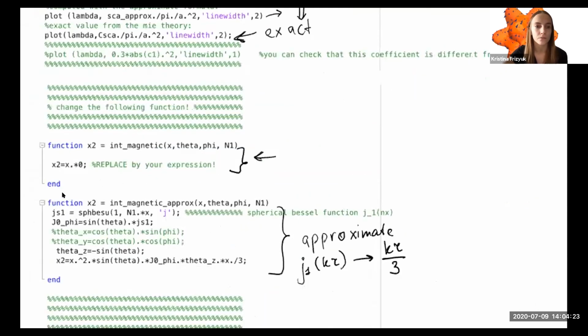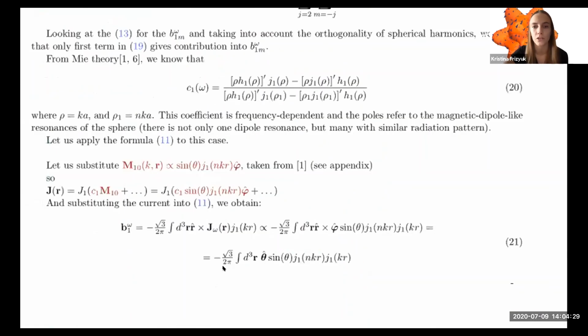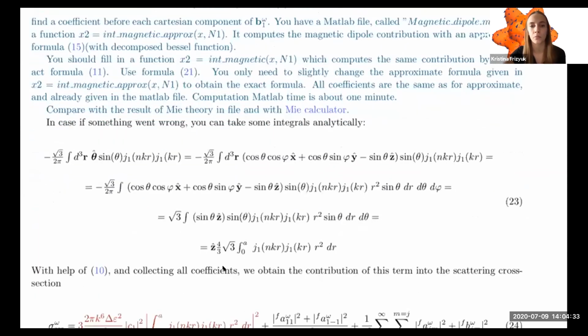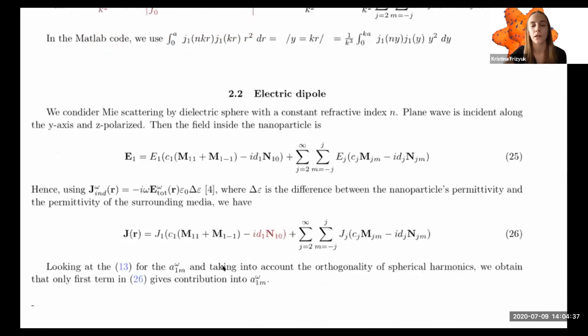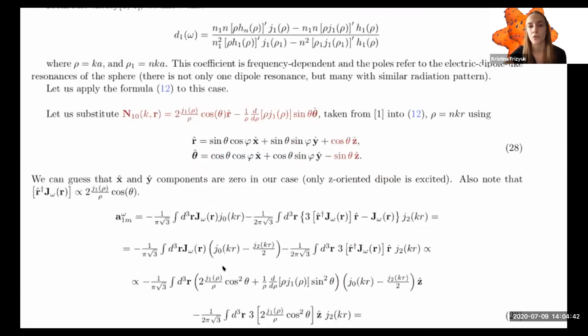And the second task, for those who already managed, is related to the electric dipole. You have very similar code, but it's computed a little bit faster because all integrals over the angles are already taken.